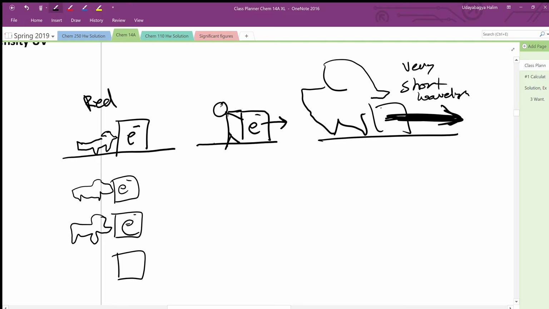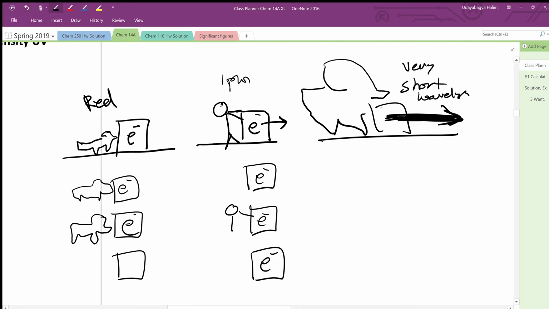If you only have one photon, you emit only one electron at a time. With two photons, two electrons move, and if you have three, four, and so on, then you have more.